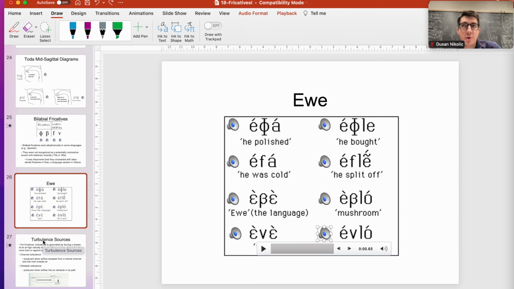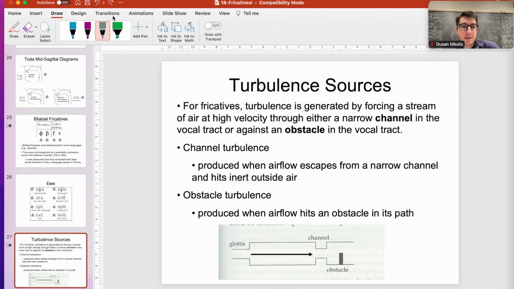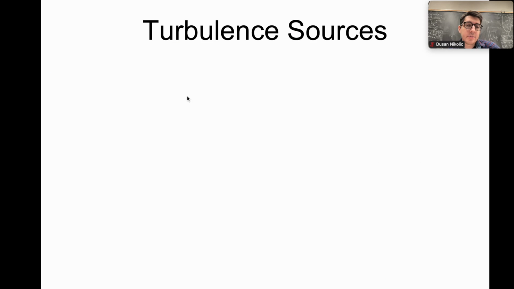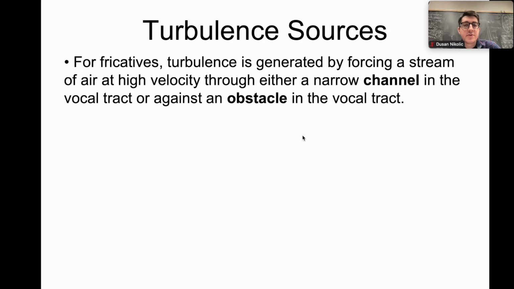Okay, what makes a fricative, right? Well, for fricatives, turbulence is generated. So there is a lot of air coming out, by forcing a stream of air at high velocity, at high speed, through either a narrow channel in the vocal tract or against an obstacle in the vocal tract.